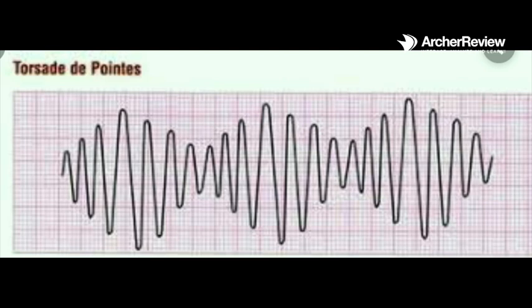So here it is, torsade de pointes. This is a ventricular arrhythmia, very uncommon. It means twisting on a point. So you see the increasing amplitudes, up, up, up, and then decreasing, as if it's twisting on a point, going up and down. Hypomagnesemia is only one of the potential causes of torsade de pointes, or twisting on the point.